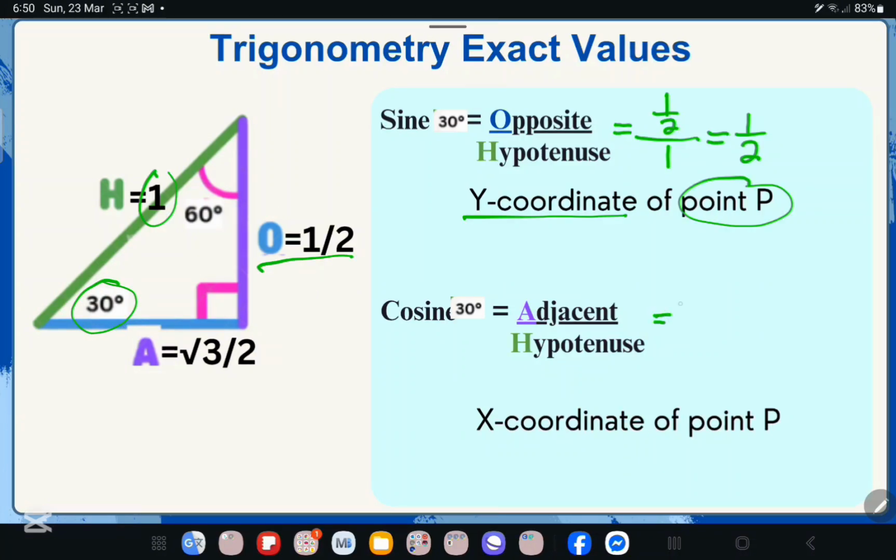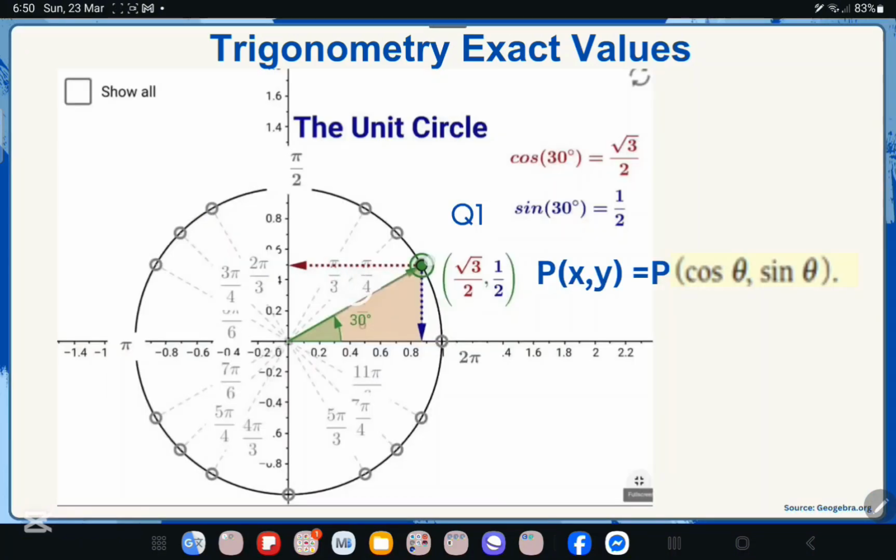For cosine 30, it's equal to the adjacent side, which is root 3 over 2, divided by the hypotenuse, which is 1, or the x-coordinate of point P. This means that in quadrant 1, where we see 30 degrees, the exact values are root 3 over 2 and 1 over 2, both positive.